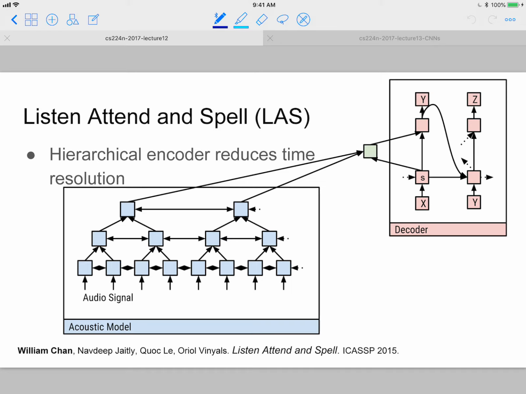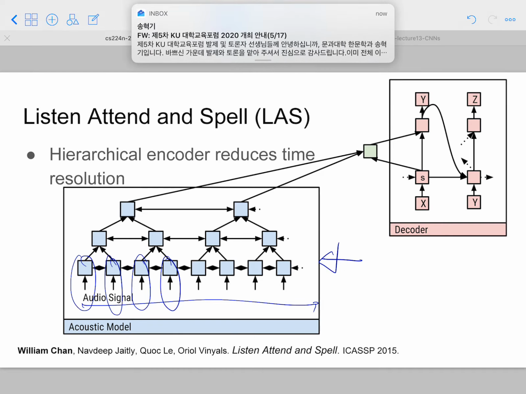So did you guys understand this hierarchical thing? Given our audio signal, these are each time unit that we set as 20 milliseconds and so on.